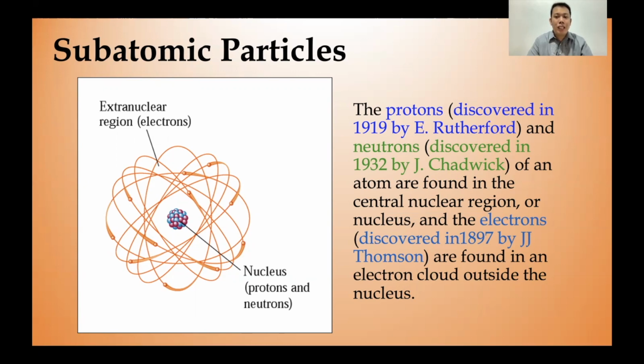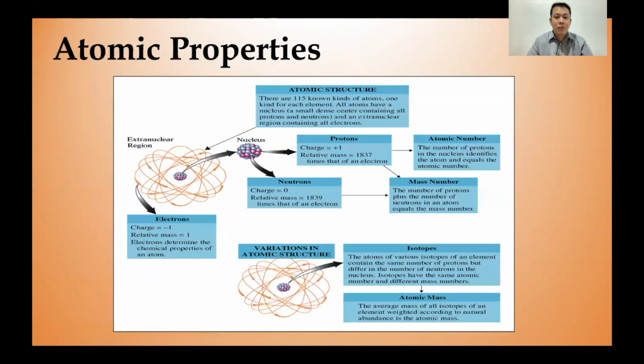Meanwhile, in 1887, J.J. Thomson discovered the existence of the electrons. They are found outside the nucleus and do not possess much mass. So the mass of an atom is attributed to that of the nucleus that contains the protons and the neutrons. With that, we can analyze these atomic properties.